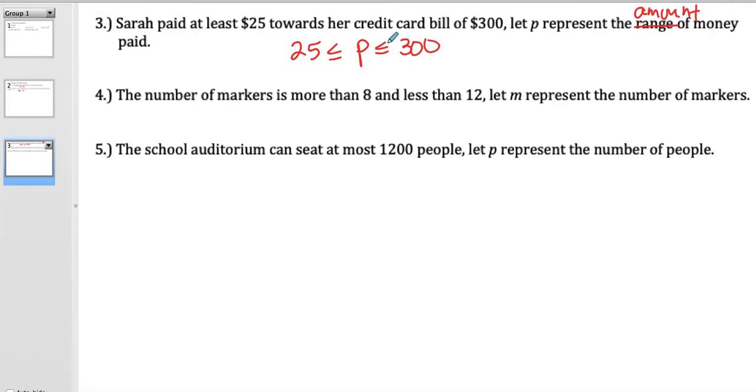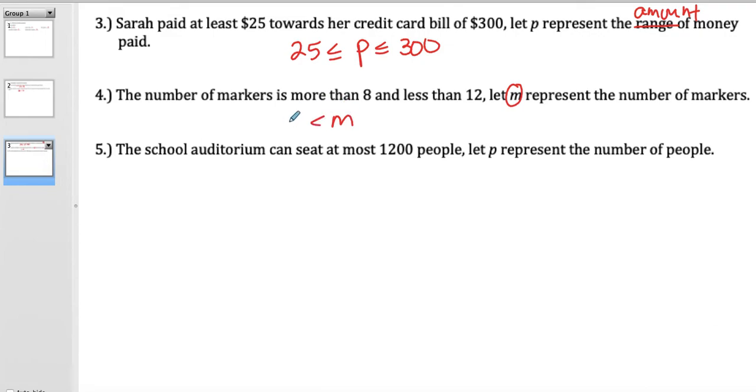Number 4, it says the number of markers is more than 8 and less than 12. This is another compound inequality where the variable is going to be trapped in the middle. So M is the number of markers. M is more than 8.